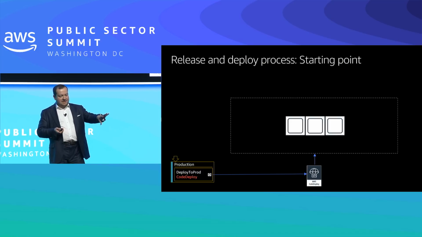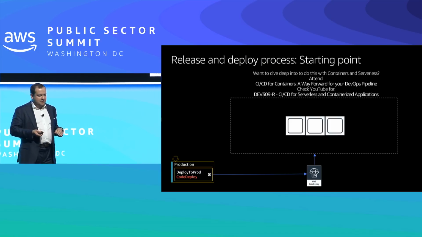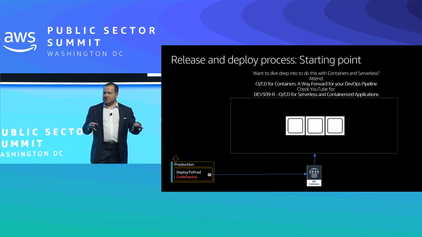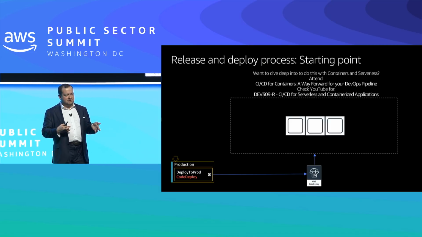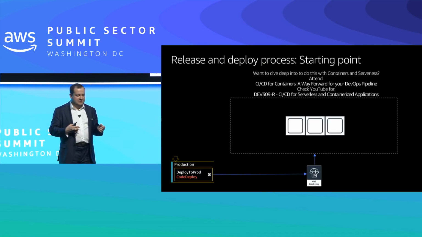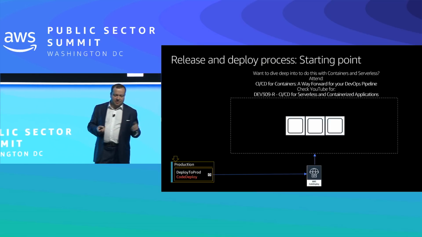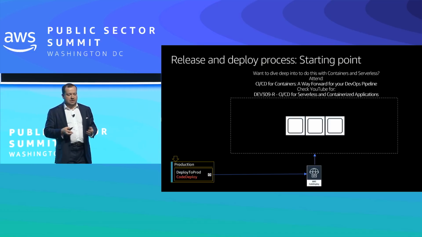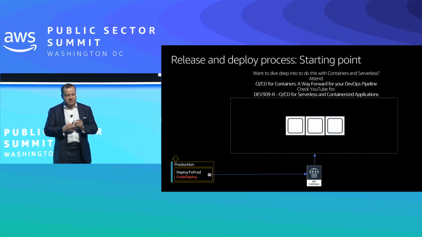We're going to keep modifying the slide through this presentation to go through all these stages. We're talking about doing this with EC2 instances, but if you want to dive deeper into doing this with containers and serverless, there's a talk tomorrow called CI/CD for containers, a way forward for your DevOps pipeline, about how to use some of these code services for containers and also for serverless.